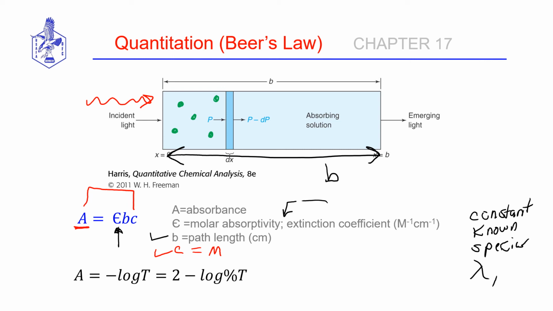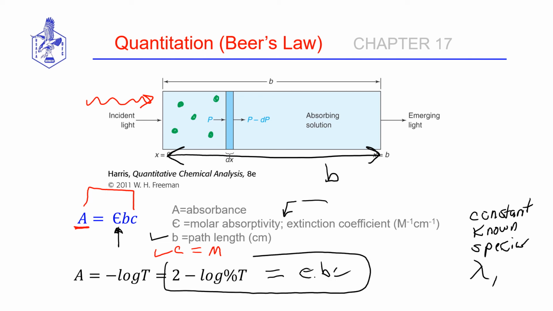That also has to equal 2 minus log percent T. So experimentally, we measure the transmittance. We know the path length of our cells. If we know the species of interest, either we already know the extinction coefficient or we can actually calculate it from known solutions. And so by measuring the transmittance and knowing these values, I can calculate the concentration of any species of interest.